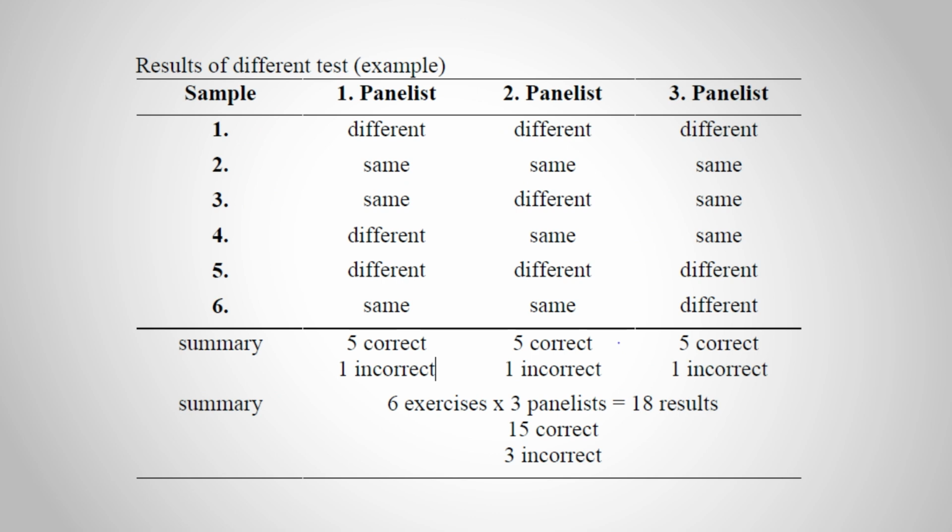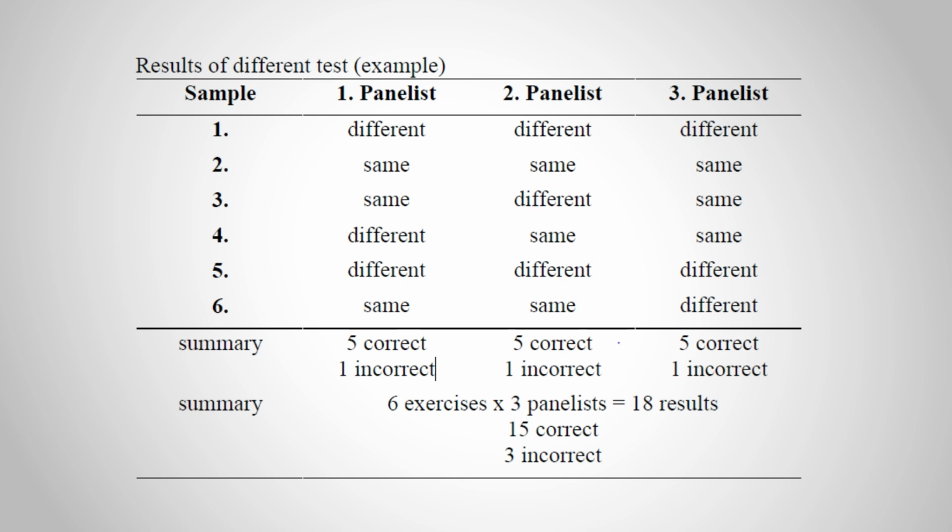A first, B second. B first, A second. We can also offer AA in sequence, and BB in sequence. We can repeat. So that's how there are 6 different samples, 3 panelists, and the result outcome where they assessed different or same.